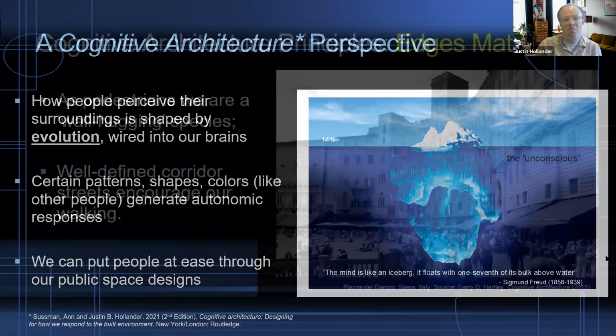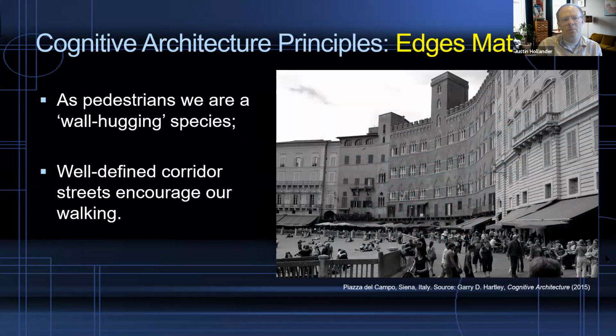So in this book that my co-author Ann Sussman and I wrote in 2015, we identified a bunch of principles. The book was just updated, and a second edition is coming out in a couple weeks.